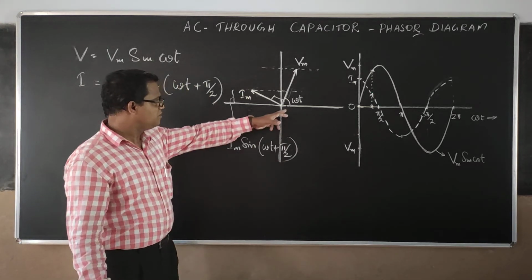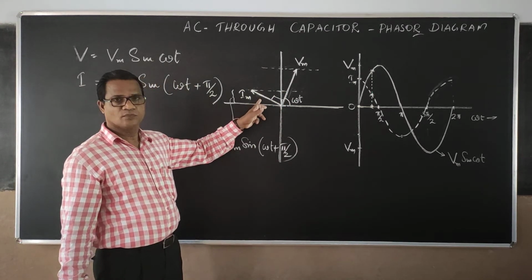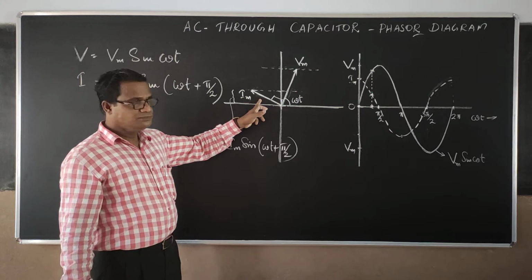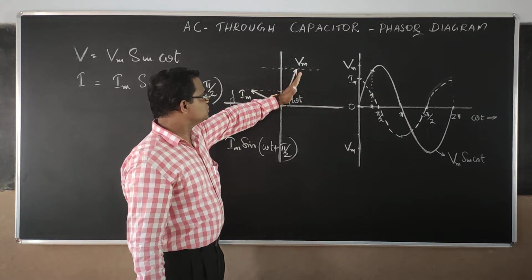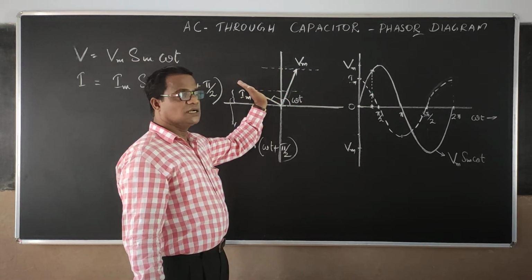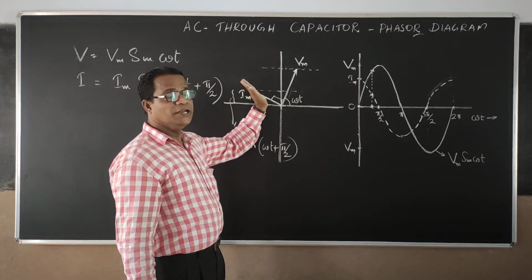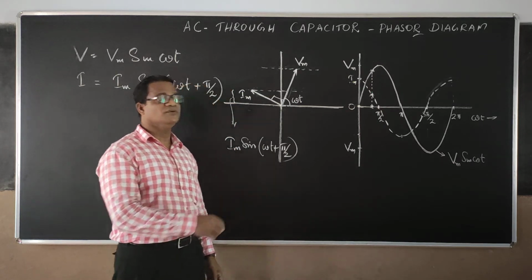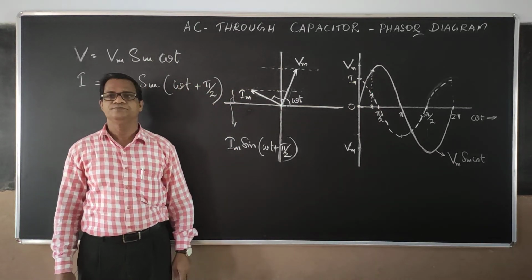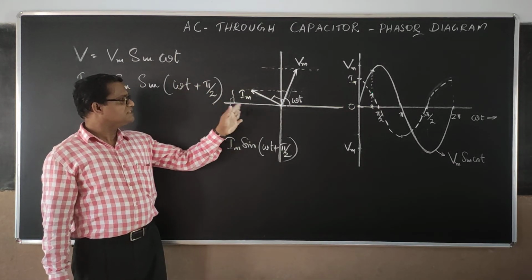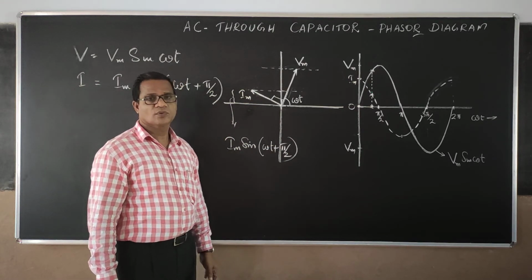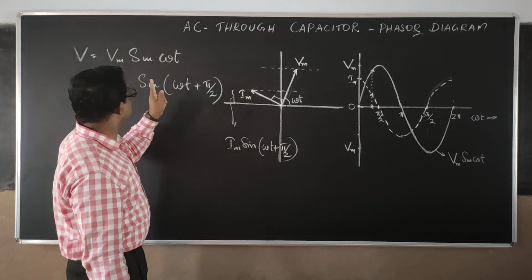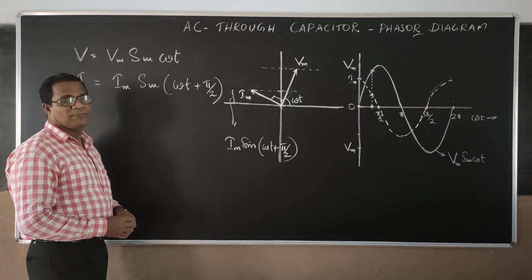Omega t plus pi by 2 is current. So voltage is in the first quadrant, and current is now leading that voltage by a phase angle of pi by 2 in the case of a pure capacitor. So this is the phasor diagram for the AC flowing through a capacitor.